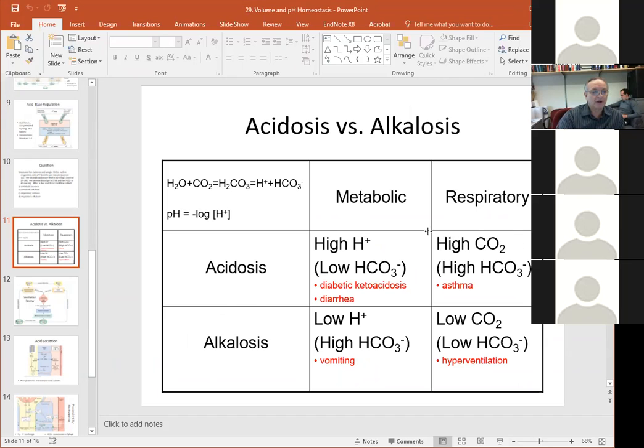involves having high carbon dioxide in the blood, which then leads to high bicarbonate as the CO2 combines with water in the Henderson-Hasselbalch reaction to make carbonic acid.